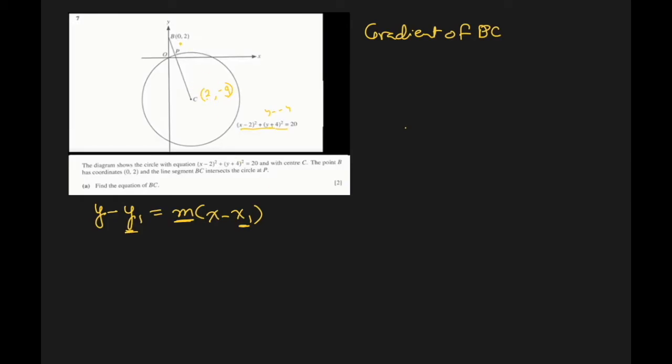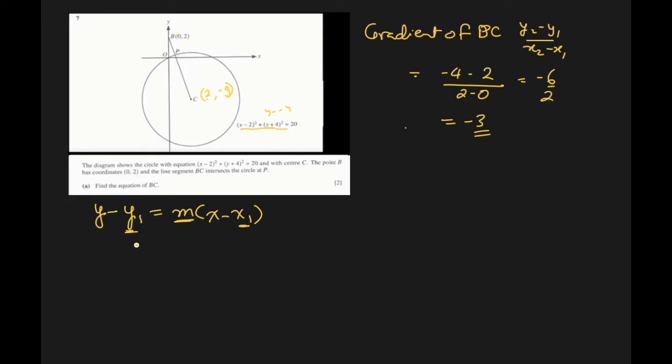We can use (2, -4) or (0, 2), anyone, but m is the one we need, and that's why I'm finding the gradient with the help of these 2 points, which is y2 minus y1 over x2 minus x1, right? So let's take negative 4 as y2, minus 2 on top, and 2 minus 0, which is negative 6 over 2, and that's negative 3, and as expected the gradient is negative.